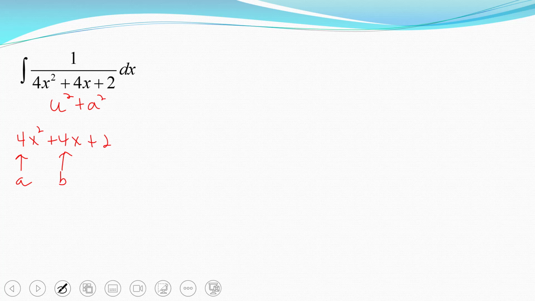I'll square it to get 4. I'll then divide by a, which is 1. So I want to have a plus 1. I'll write that as 4x squared plus 4x plus 1. But then I'll subtract 1. There's already a 2 there, so I have 2 minus 1, which is plus 1. That can be written as 2x plus 1, that quantity squared, plus 1. There you go. That's the completing the square portion.